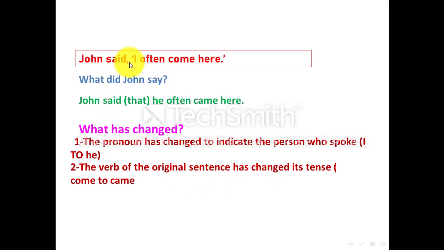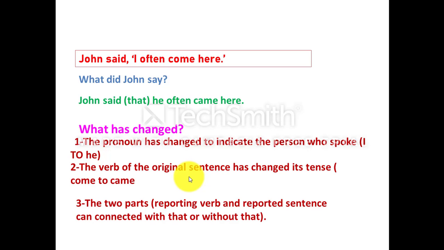In the first sentence, I often come here. In the second sentence, he often came here. So the changes are the pronoun I changes into he, and the verb come changes into came in the indirect statements. Here this is the direct sentence and this is the indirect sentence. So we have changed the pronoun and the original verb.